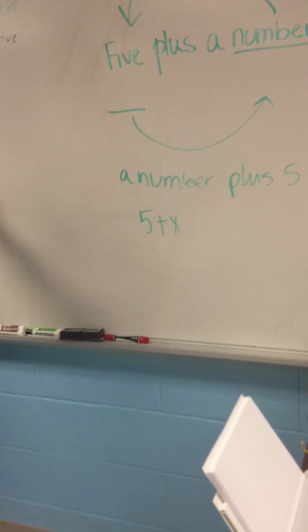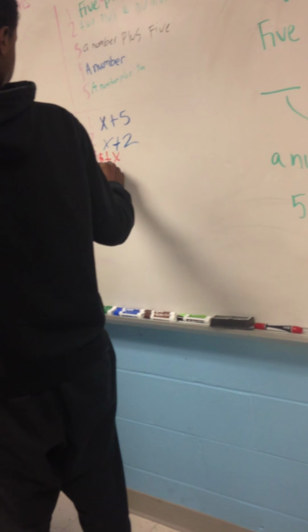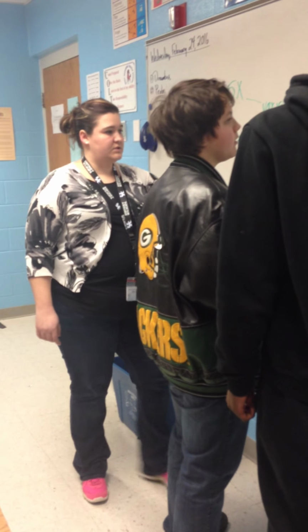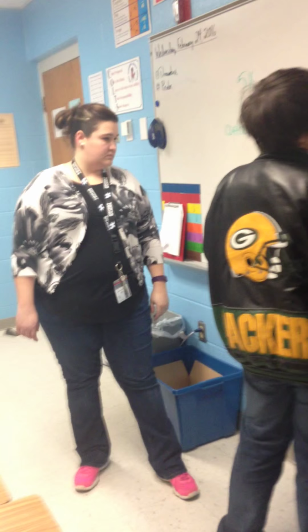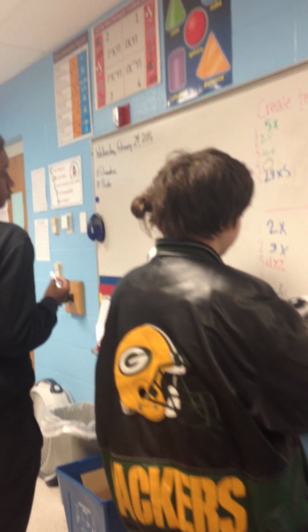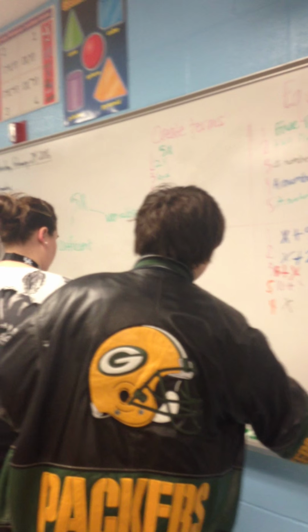Okay, and then I want you to do number 4 over there. Which one are you doing, D? Okay. So he's doing number 5, so you're going to do number 4 over there.